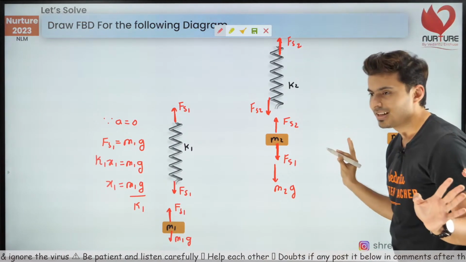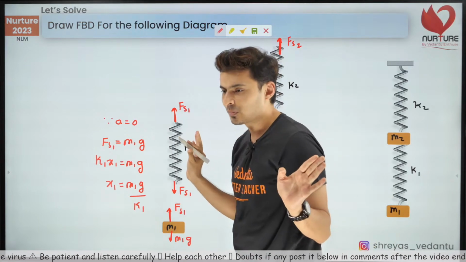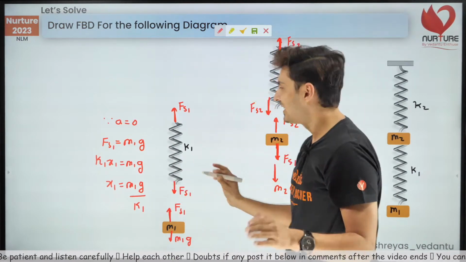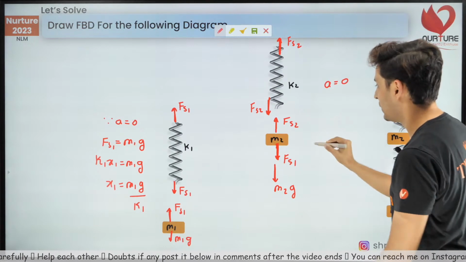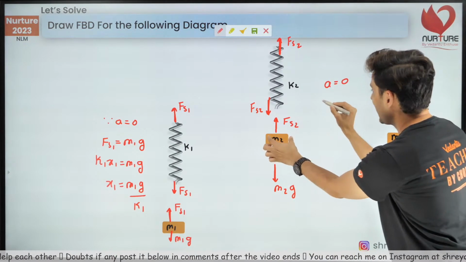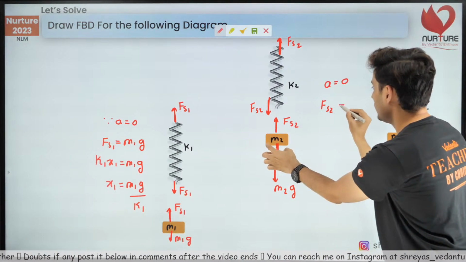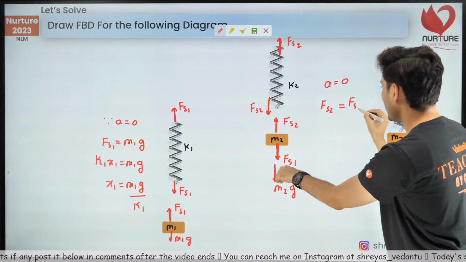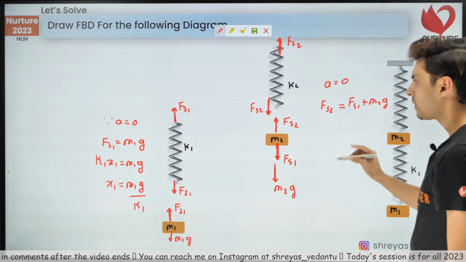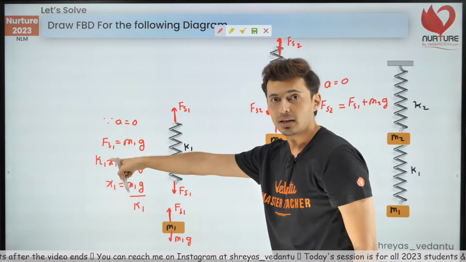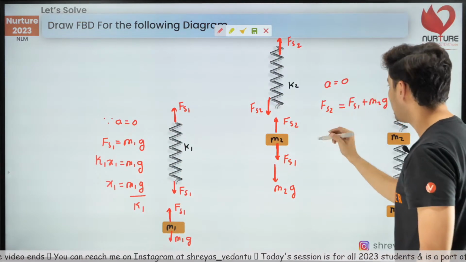All you need to do is balance the forces. Since acceleration is 0 on M2, Fs2, which is the force on the top, should be Fs1 plus M2g. But wait a minute, what is Fs1? It is M1g. So substitute it.